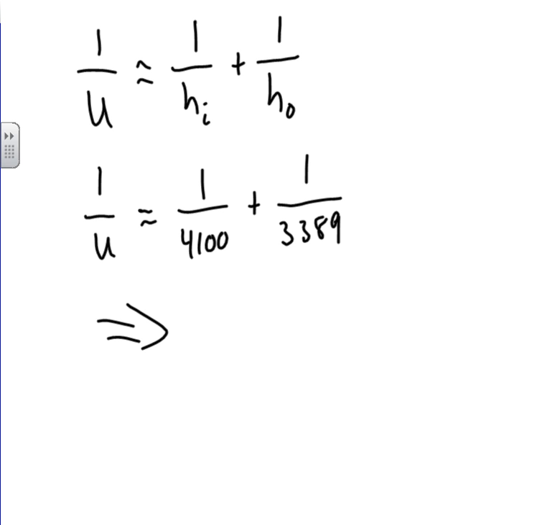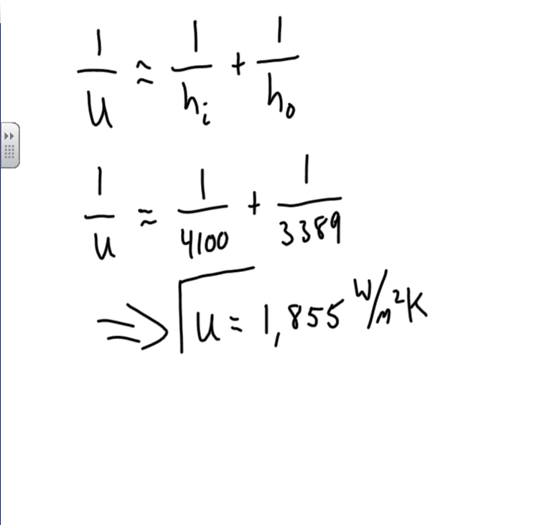Single equation, single unknown. We solve this for U, and we find out that U is equal to 1,855 watts per meter squared Kelvin. Okay? And that's the solution for problem 11-24.